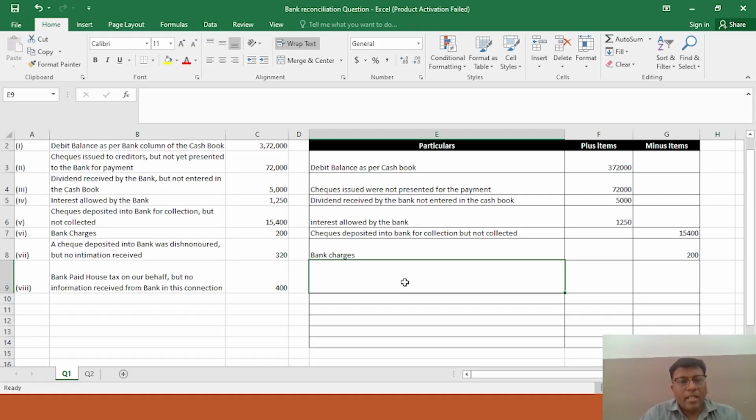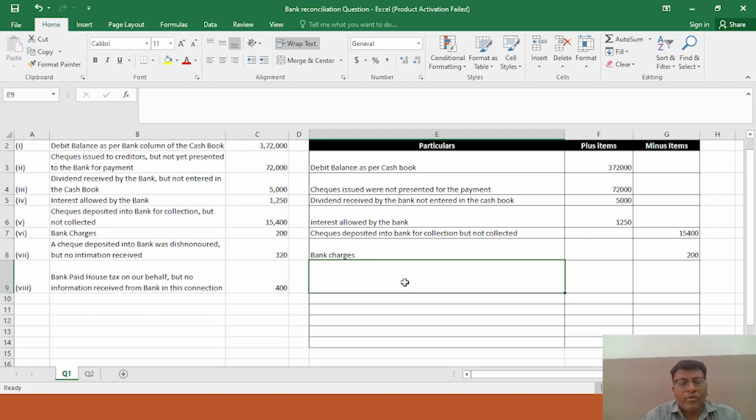But there was a case of the dishonor of the check, and you are not intimated or you are not having any information. So this is the case where you find that after depositing a check, it was dishonored. So bank balance is less than the cash balance.